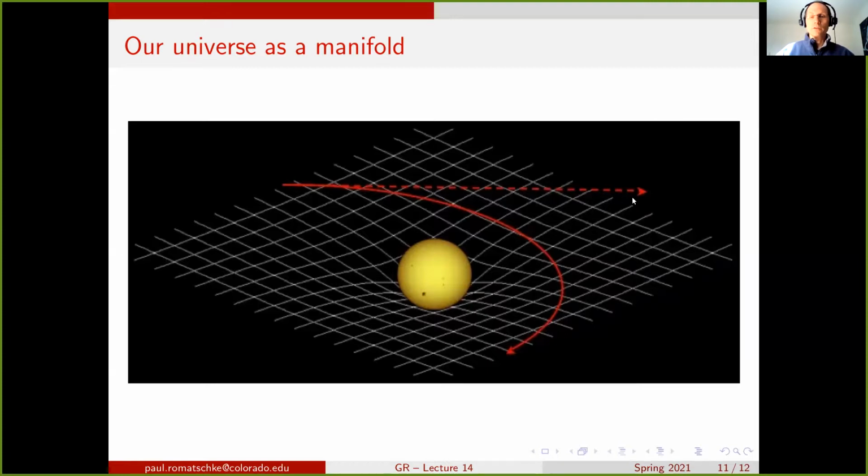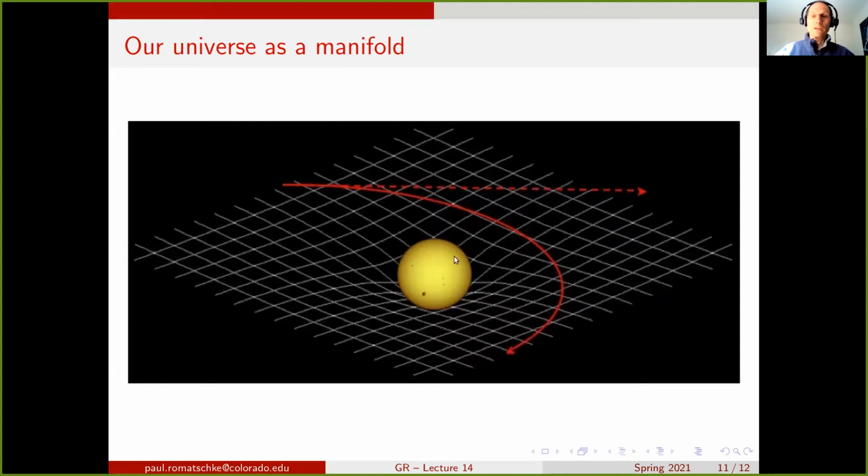If it was Rn, the Euclidean space, then geodesics would be straight lines. But if it is a more complicated manifold, the geodesic would be curved lines like this solid red line that's depicted here. And essentially the idea is that we can use this as a geometric description of gravity.